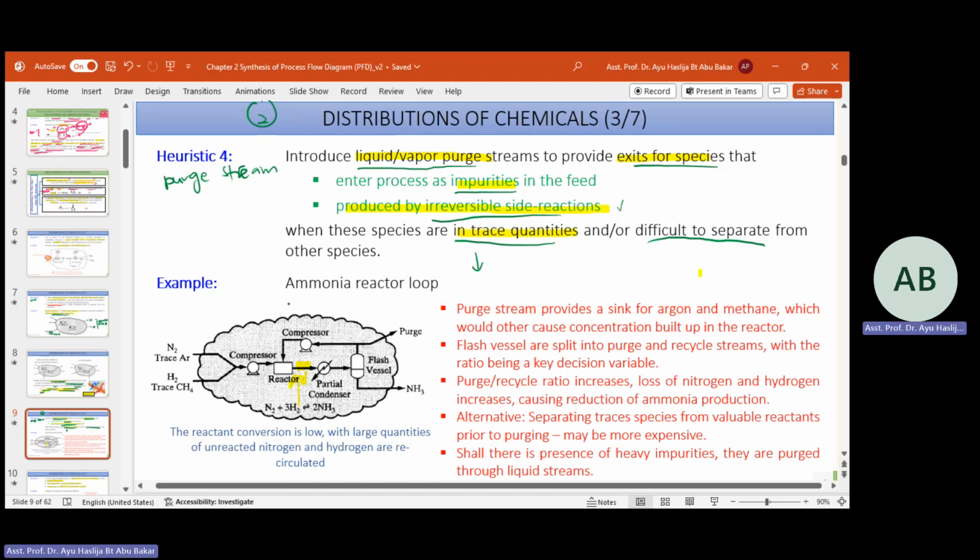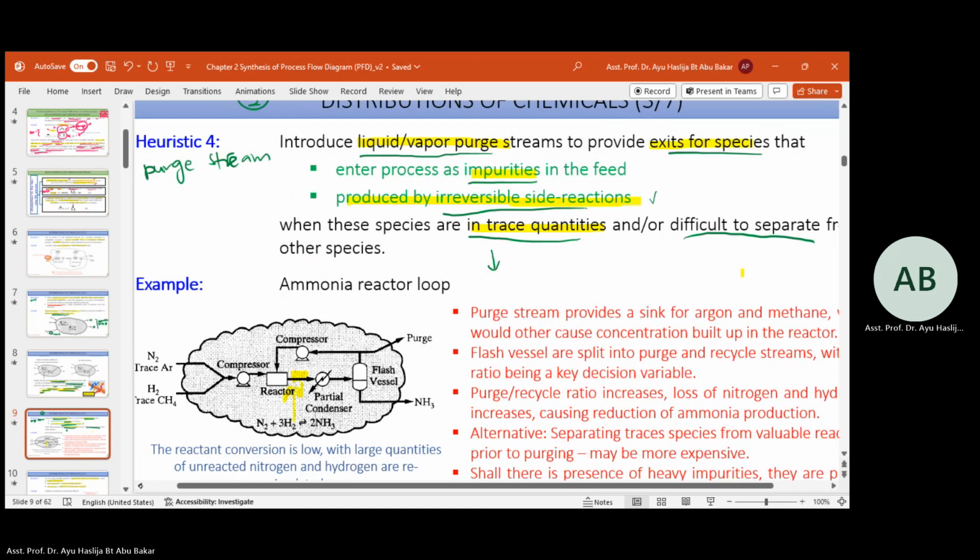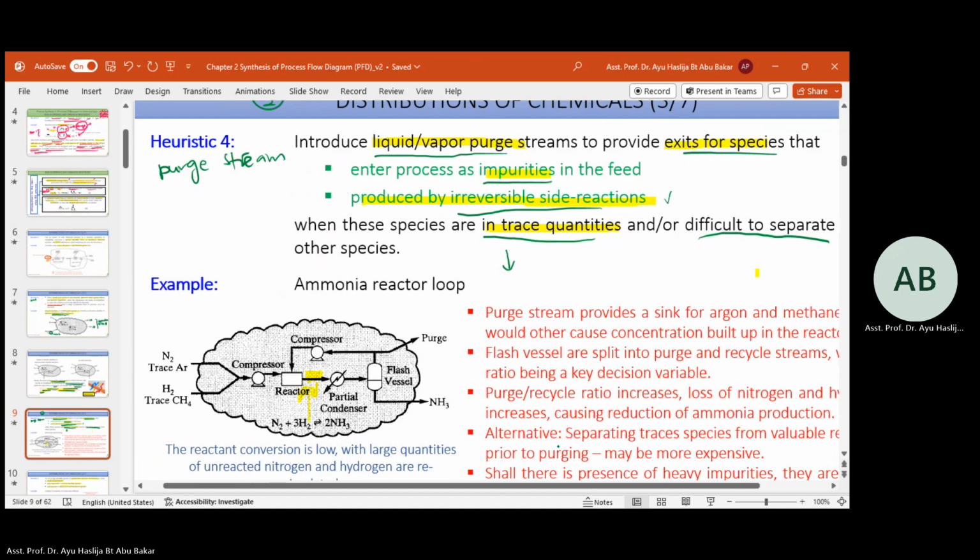Now here it gives an example of an ammonia reactor loop. Ammonia reactor, where the reaction to produce ammonia, you need N2 and H2 going into a reactor.